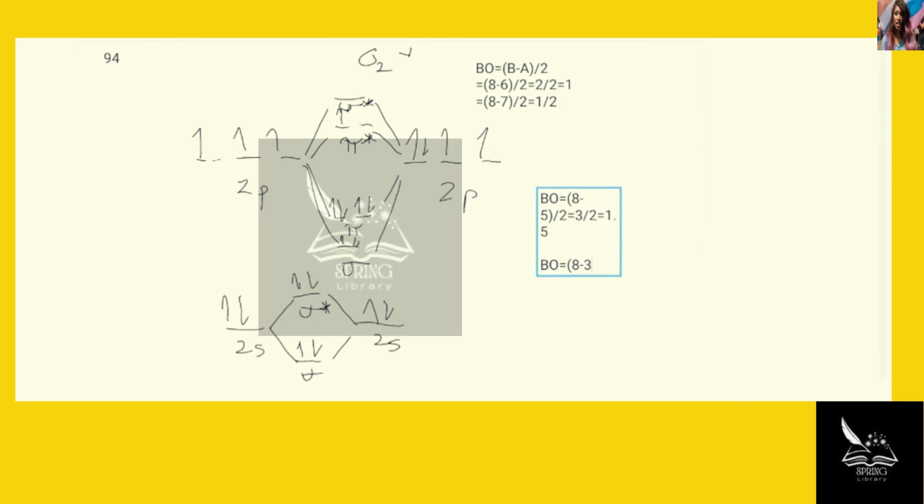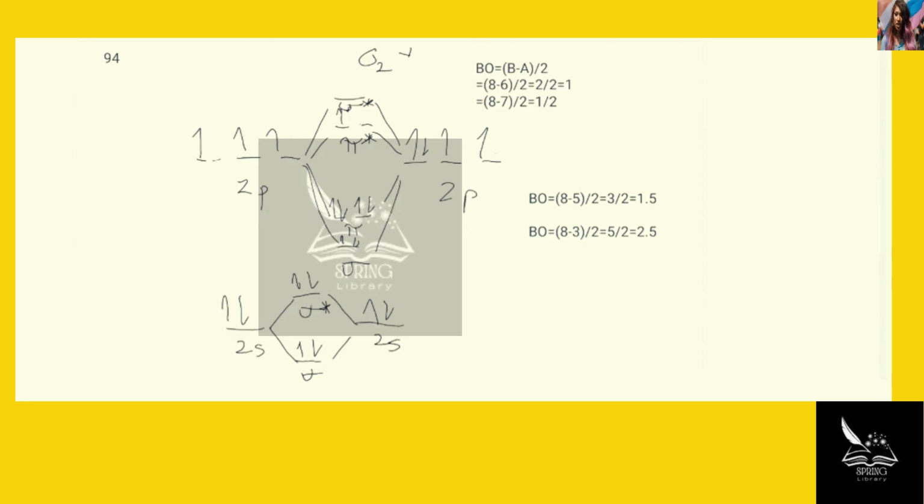So we have 3 in the antibonding now. So we get 2.5. Therefore, since the bond order for O2 positive is 2.5, which is higher than the one for O2 negative, O2 positive has the stronger bond.